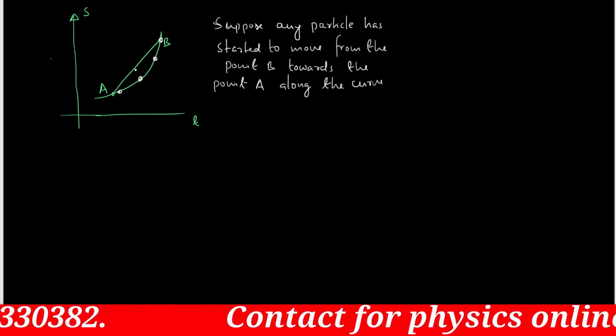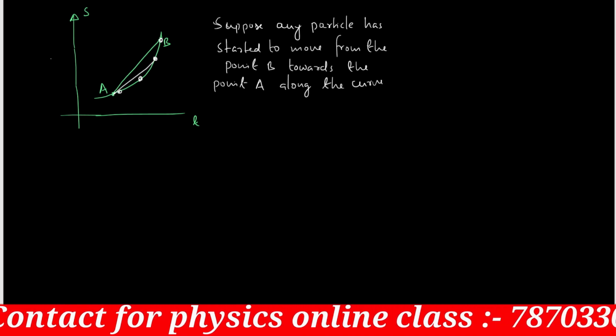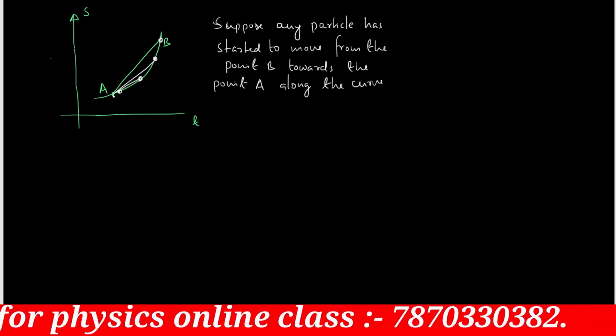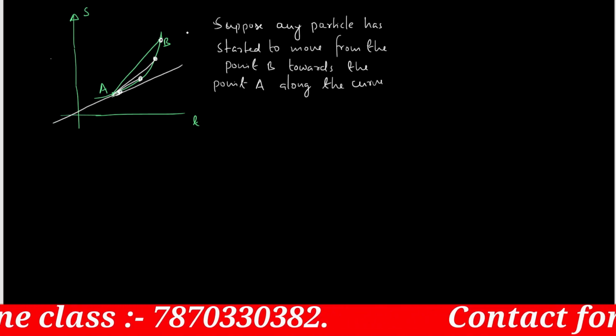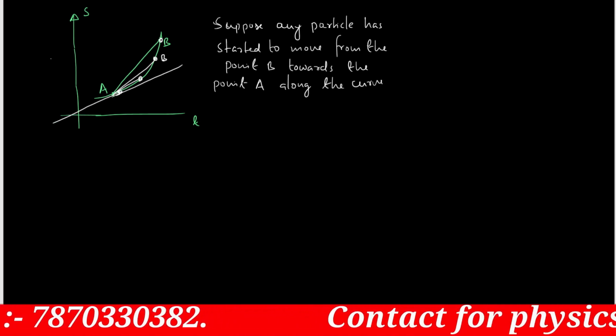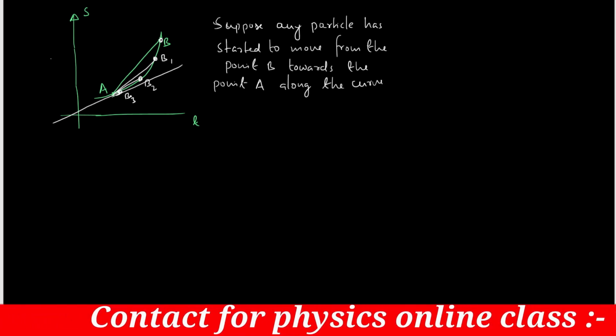Say initially the particle was at point B, and then after here, and then after here, very close. This was a chord, this was still a chord, but this is looking like a tangent. Say this is point B1, this is point B2, this is point B3.